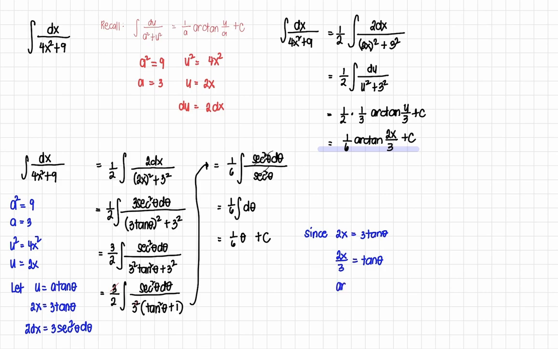So tangent theta equals 2x over 3, and therefore theta is equal to the arctangent of 2x over 3. So this is now 1/6 arctangent of 2x over 3 plus c. And so you see, our answer using trigosub is the same as when we used the formula.